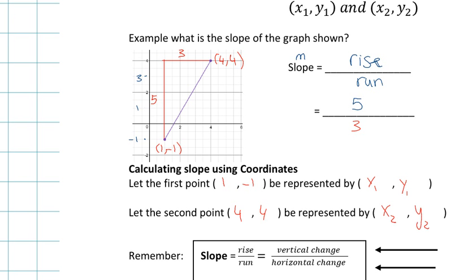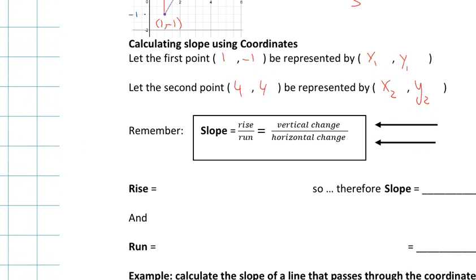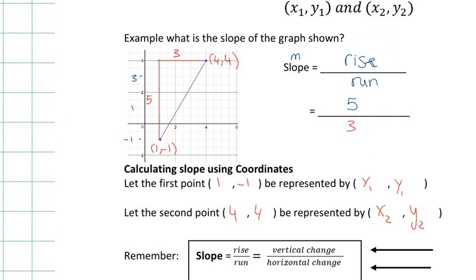Remember that slope is rise over run. What the rise means is the vertical change. It's the change. So what happened vertically? How much did I go up vertically? So it's called the vertical change. And the run is the horizontal change.